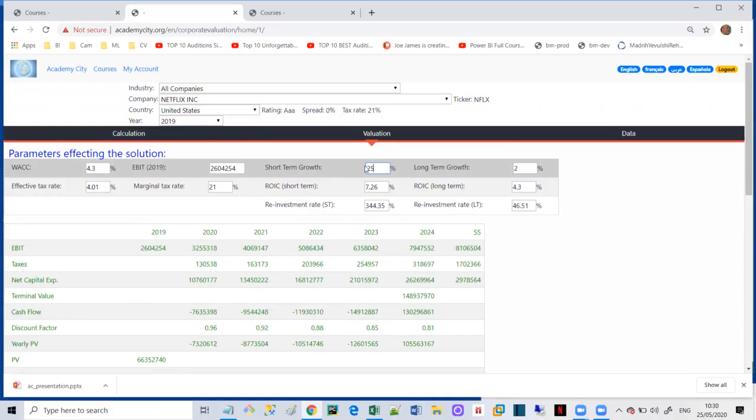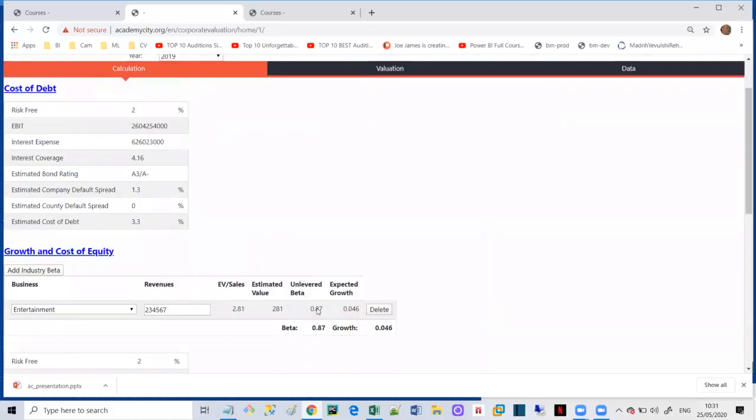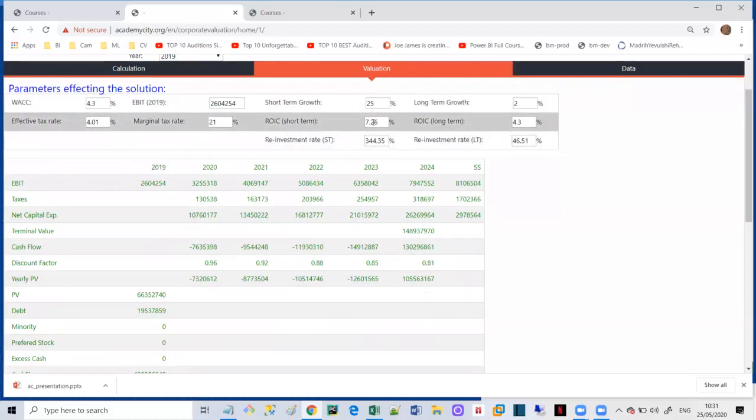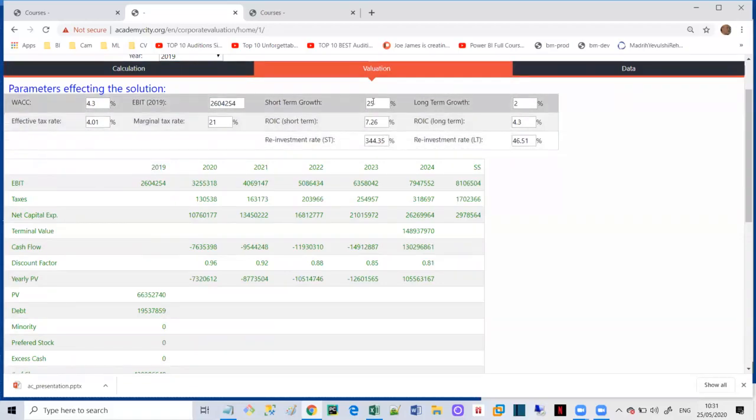And I will try to substantiate it as much as I can based on reading, based on forecasts about analysts saying specifically about Netflix and not just the industry in which it is. When I change the number here, I say, okay, I have seen this one for the industry, but it seems to me extremely low, but I will have to give a good explanation on why I'm using 25%, or another number.